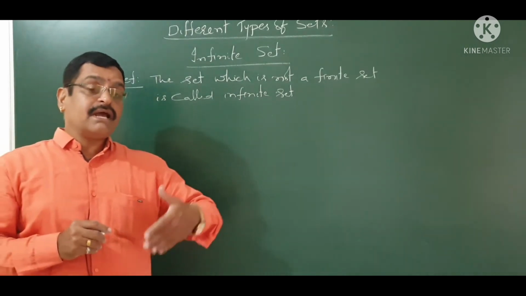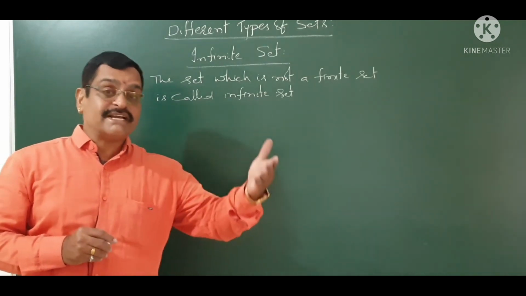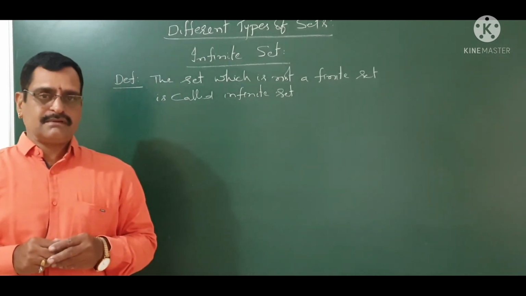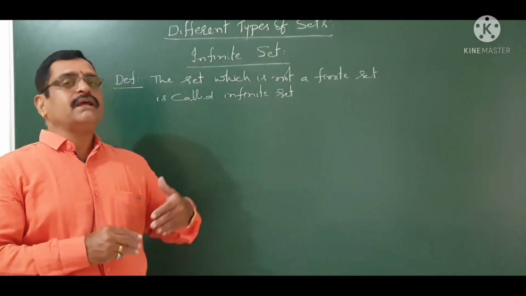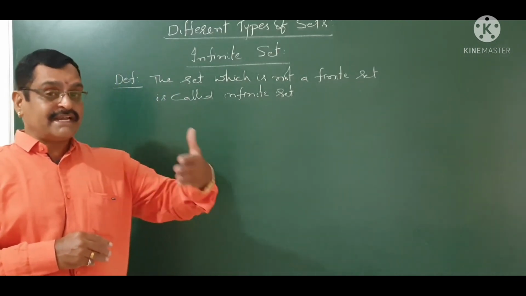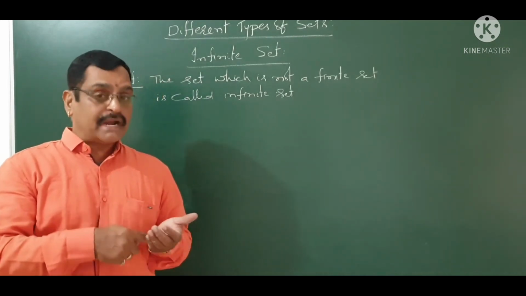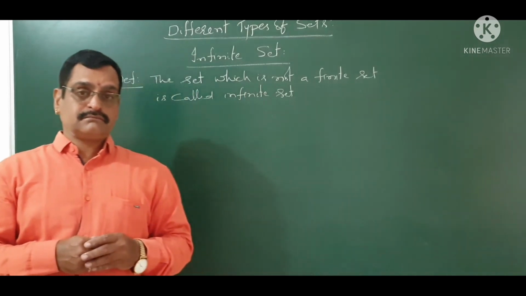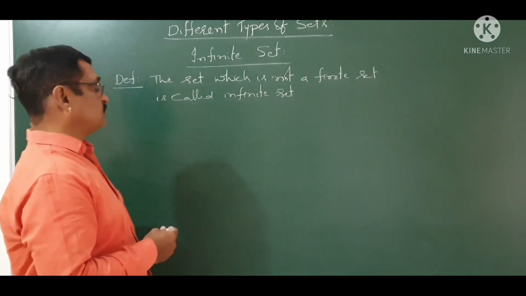We can have another type of infinite sets also. In that set, you cannot even count the elements. Now, in the present lesson in this chapter, you have only those sets in which elements are countable, but you cannot finish the counting. I will come to the next concept later.